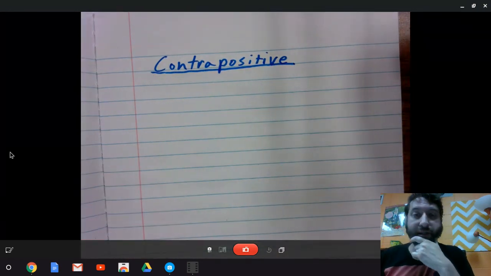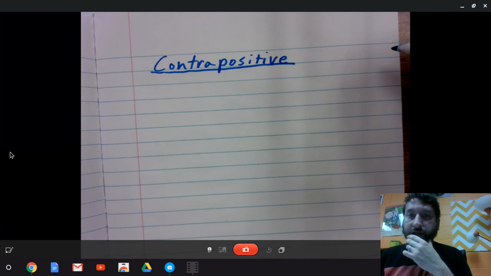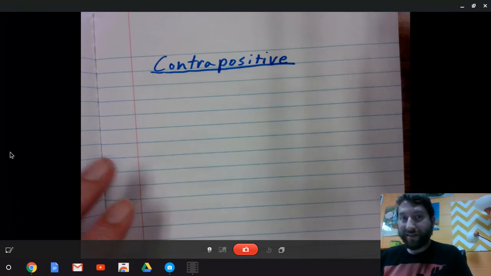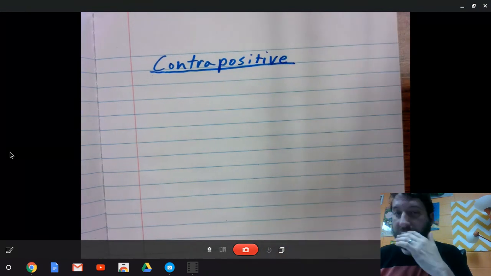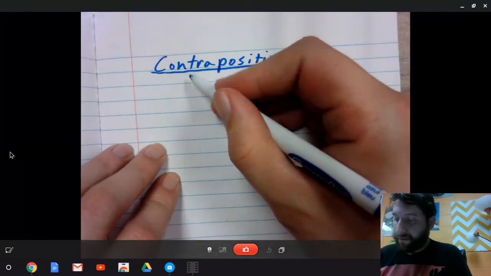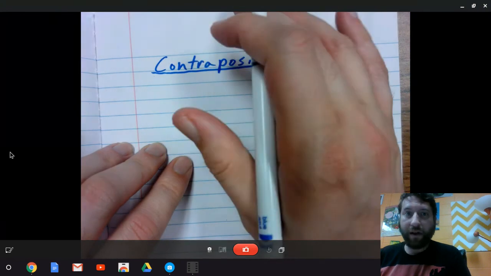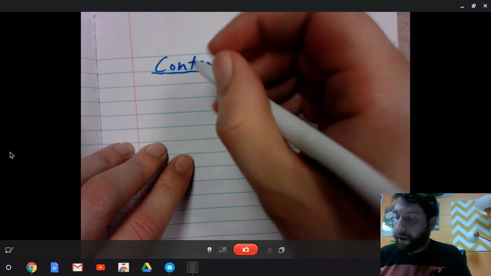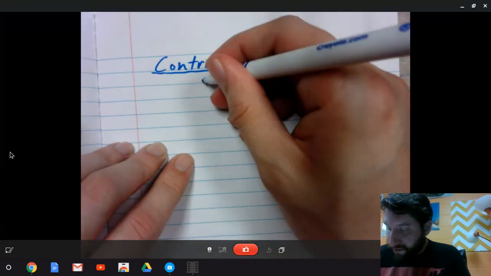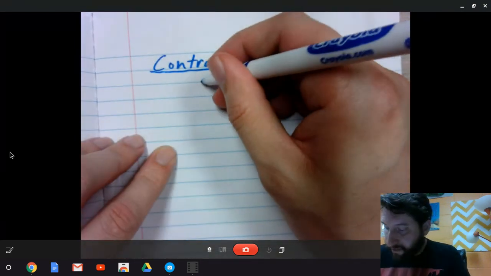And I love the contrapositive because this is actually logically equivalent to the conditional. So a conditional is logically equivalent to the contrapositive. So a contrapositive would be, so we started with P implies Q, right? That would be the conditional statement. P implies Q. For a contrapositive, we're going to switch it around, just like the converse.